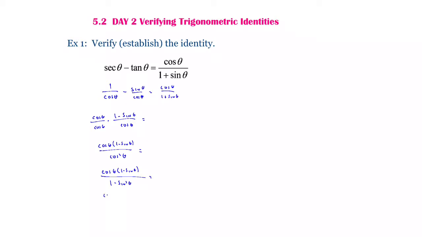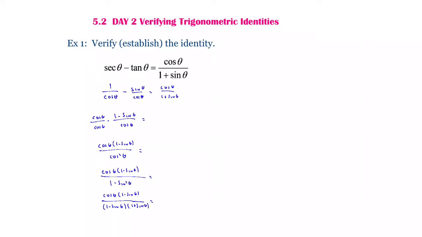Well, if you notice, that is a difference of squares. So we can rewrite that as 1 minus sine of theta times 1 plus sine of theta. And remember, don't forget what we're trying to accomplish. We have the cosine of theta on top. We're trying to get that 1 plus sine of theta on bottom.